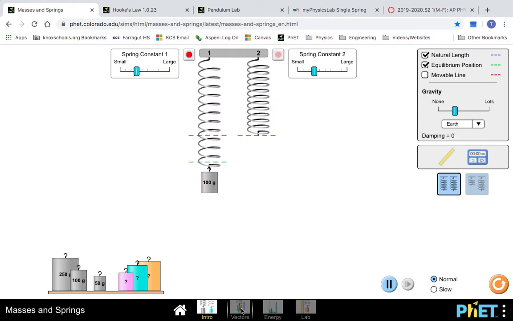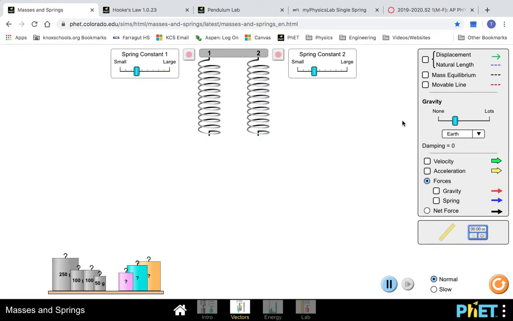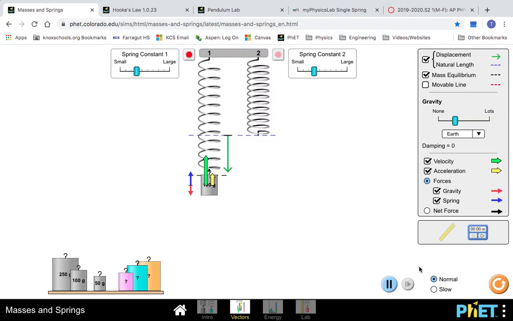Now if I go to vectors here, it's going to allow me to see a little bit more of what's going on. So I'm going to do that same thing right here and really slow this down to see what's going on. So displacement, natural length, we can see this is that natural length area right here.